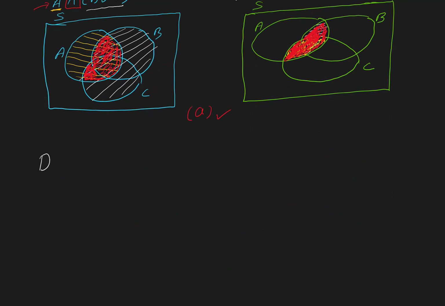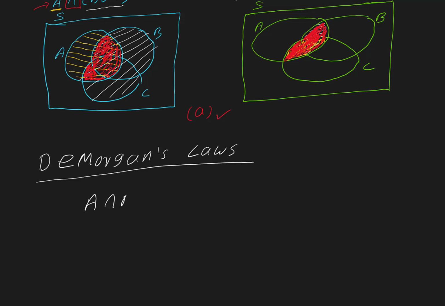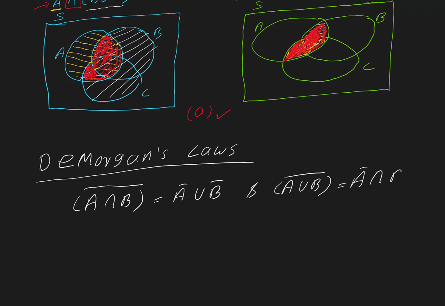Then De Morgan's laws. It is (A intersection B) complement equals A complement union B complement, and the other one, (A union B) complement equals A complement intersection B complement.